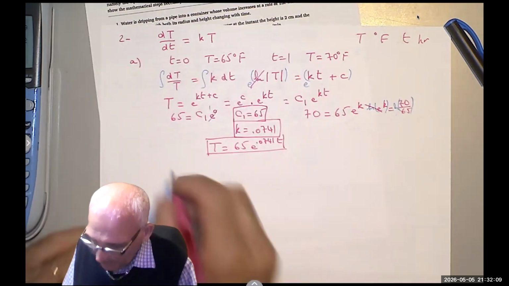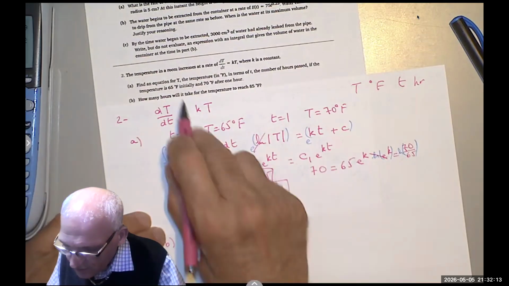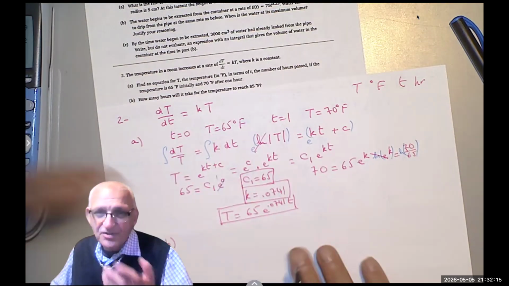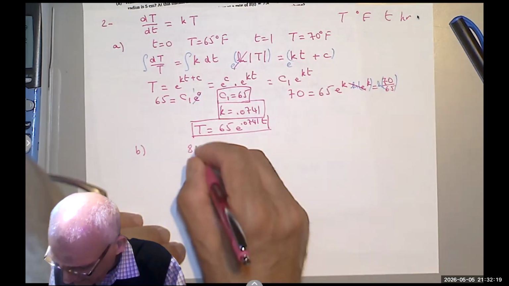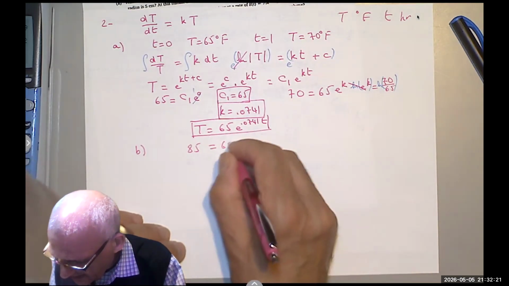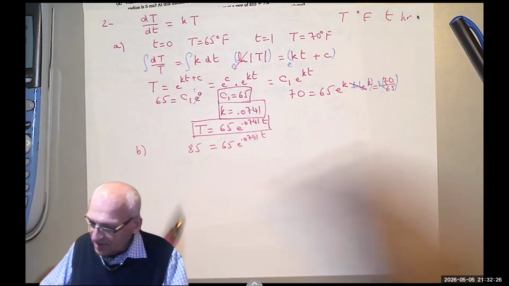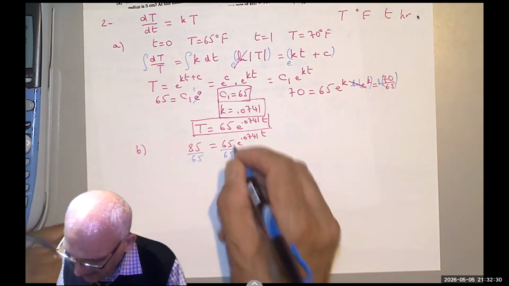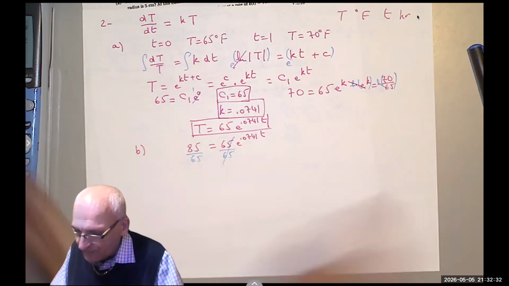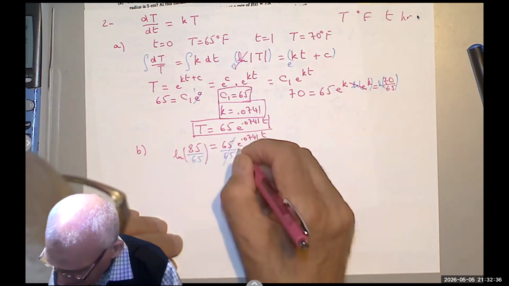Okay, now we move to part B. It says, how many hours will it take for the temperature to reach 85? Of course, that's child's play. 85 equals 65 e to the 0.0741 t. I'm going to divide both sides by 65. Again, I can simplify that as 17 over 13, but then I will take the natural log.